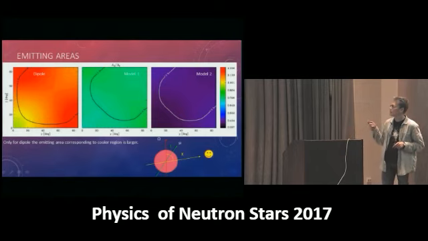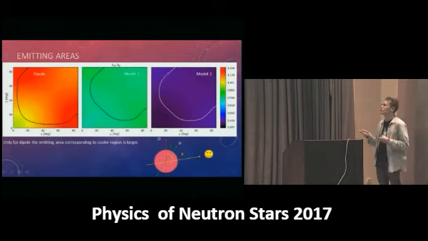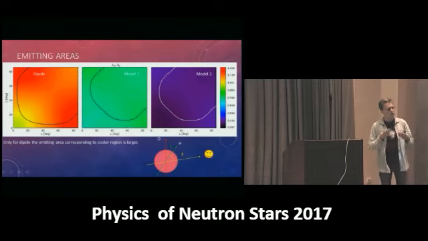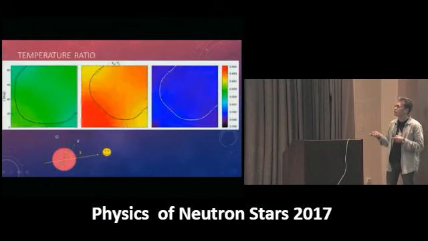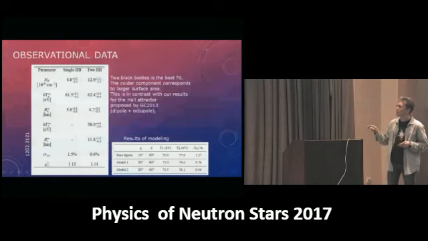We see that for the two models which correspond to the Hall attractor, the hot part of the neutron star is larger, which contradicts the observational data. This is very bad news for this idea. Pulse fraction is all right, temperature ratio is all right, but this wrong area ratio is a bad thing.